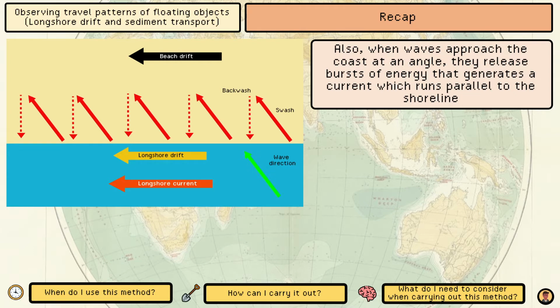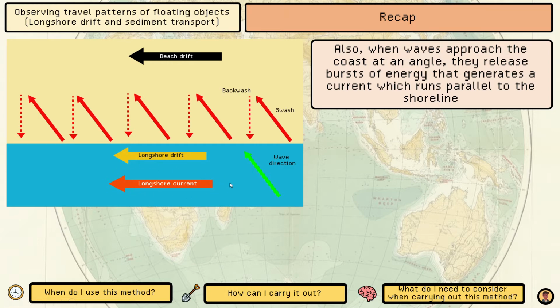As you know, these waves have a lot of kinetic energy to them, right? So as they crash onto the shore, they release bursts of energy. This burst of energy that is released along here results in a longshore current, and the longshore current runs parallel to the shoreline. So the longshore current can also carry sediments.